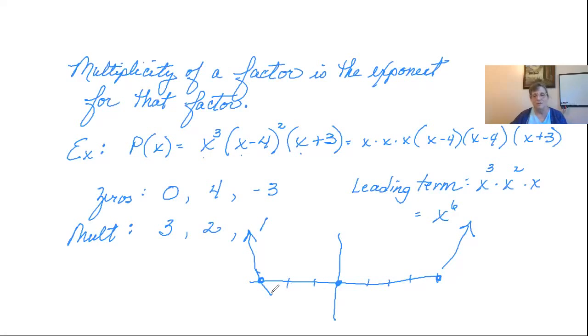That means it's somewhere down here. At the 0, it's going to go through because the multiplicity is odd. At the 4, it's going to be tangent, so it's going to come around something like this and bounce off. That's going to give us a huge head start in getting this thing graphed.